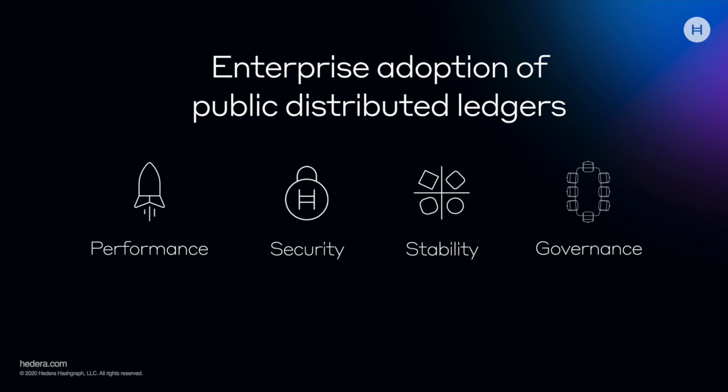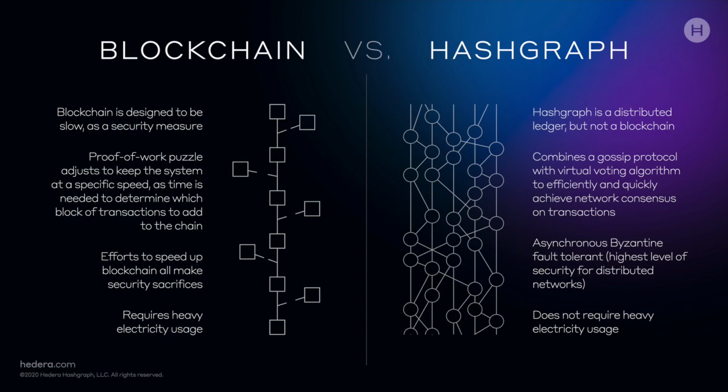And then finally, there's governance, so a fully decentralized governing body for code changes and decision making is a critical aspect for the integrity of the network. So in this brief overview, we're going to touch on all four of these different aspects.